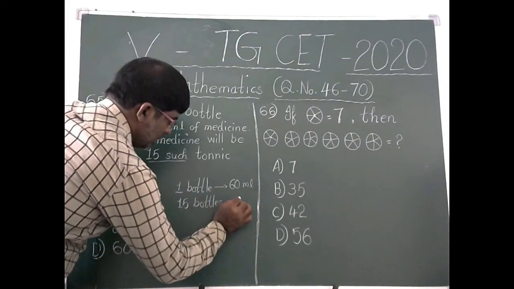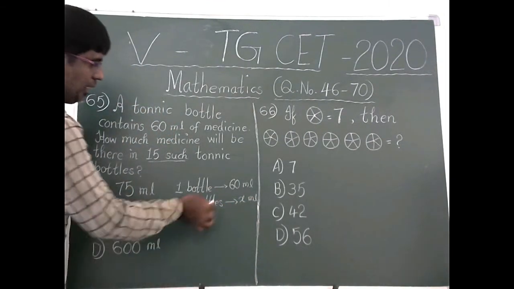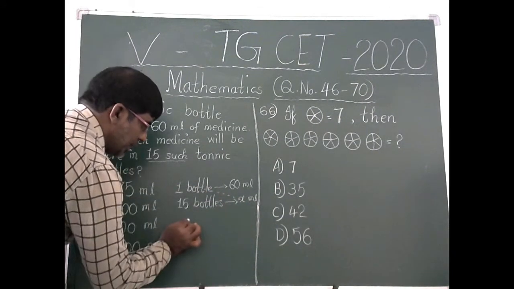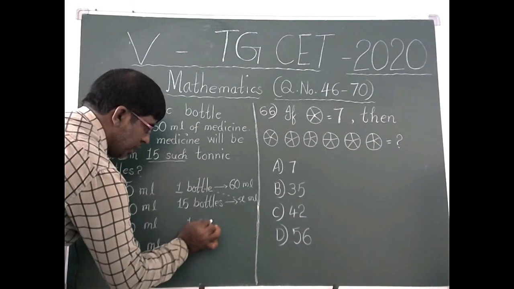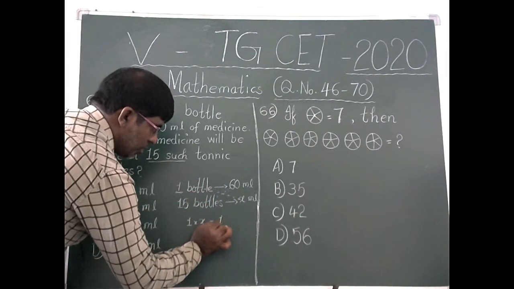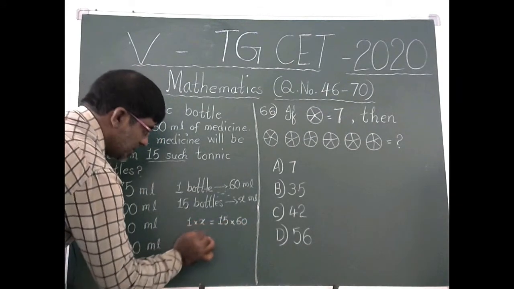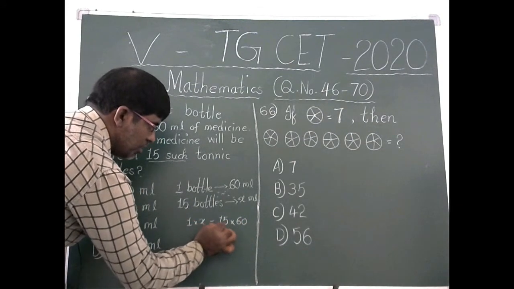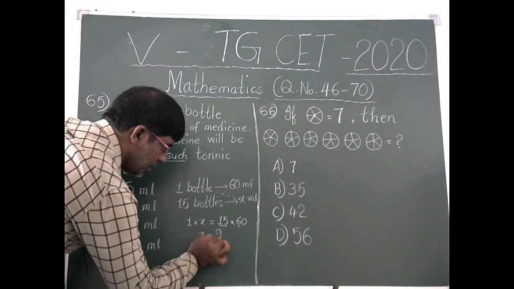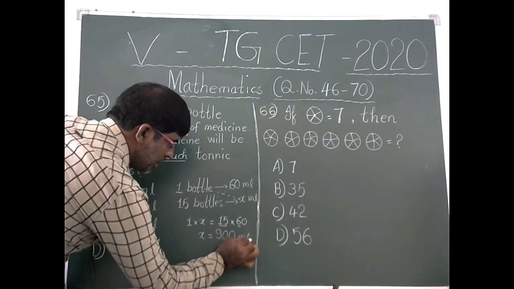We don't know, so let x ml, milliliters. Cross multiplication: 1 into x equals 60 into 15. 1 into x is x only. 15 times 6 is 90, and the 0 as it is I am writing, so 900 ml.